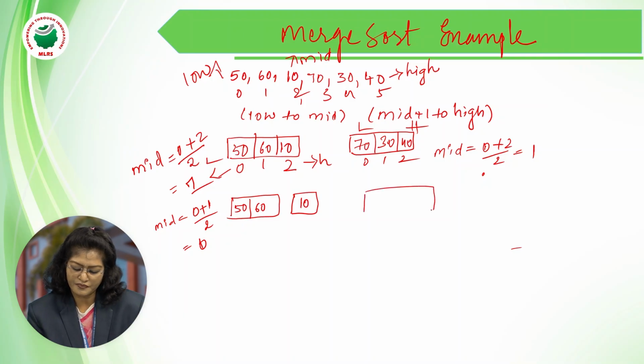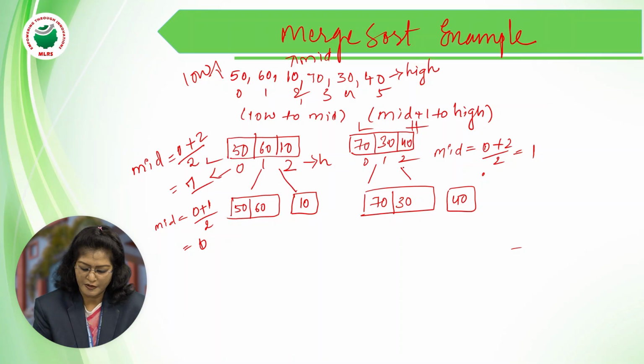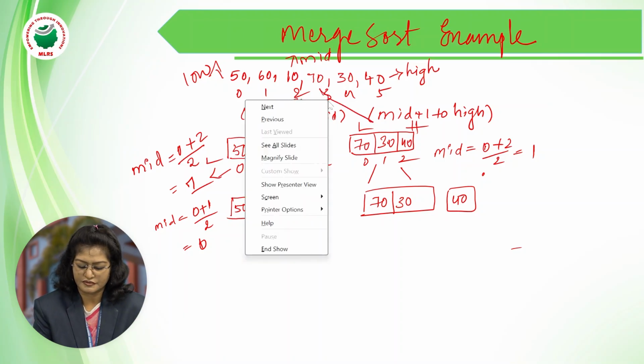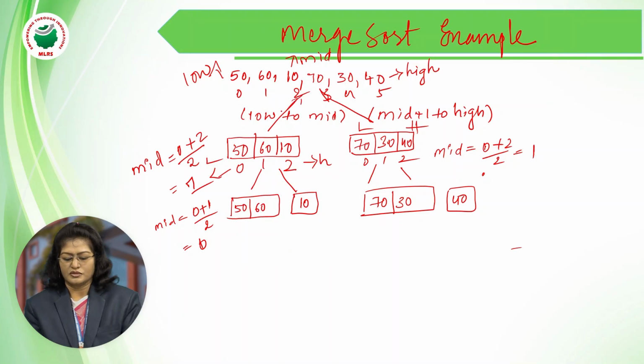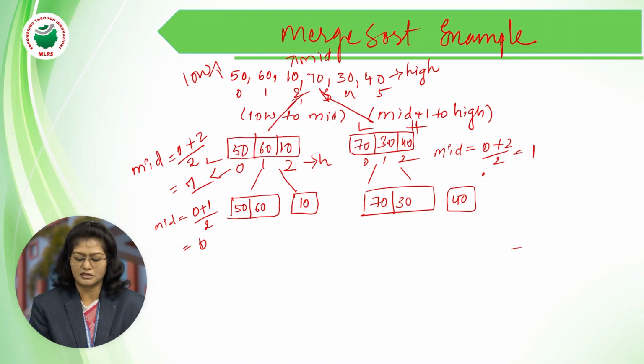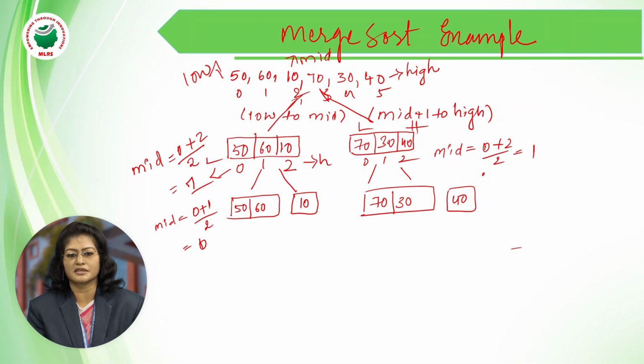At the same time, this is also 70, 30, and it is going to divide as 40. This is divided into 2 sub-halves. This is divided into 2 sub-halves. So this is how the second 2 sub-halves are again divided in the next procedure.